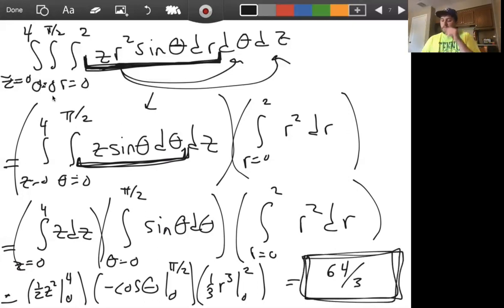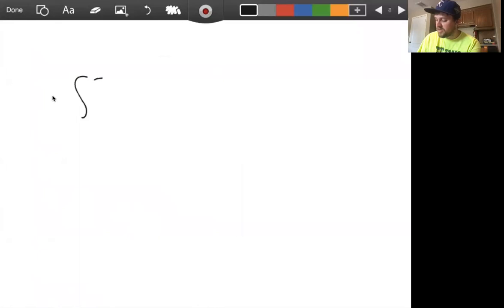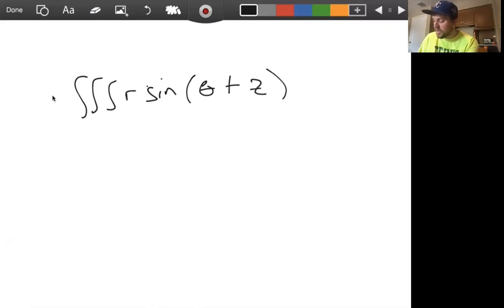And so the point is, if inside the integral it's a product of independent variables, right? An example of when you couldn't do this is if you had a triple integral of sine theta plus z, or something like r times theta plus sine z, and then you did dr d theta dz.